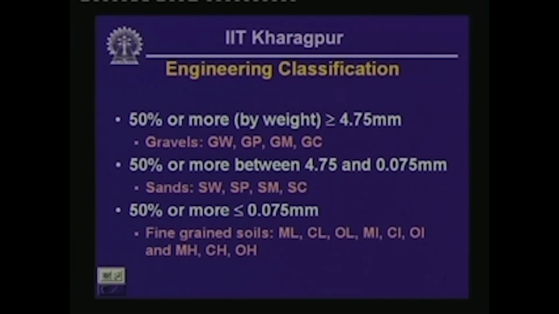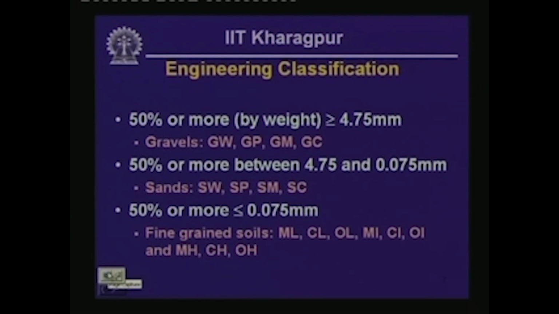Fine grained soils, on the other hand, will be categorized based on their plasticity. So, if you have more than 50% by weight greater than or equal to 4.75 millimeter, then the soil is going to be called a gravel, and the gravel could be well graded gravel.